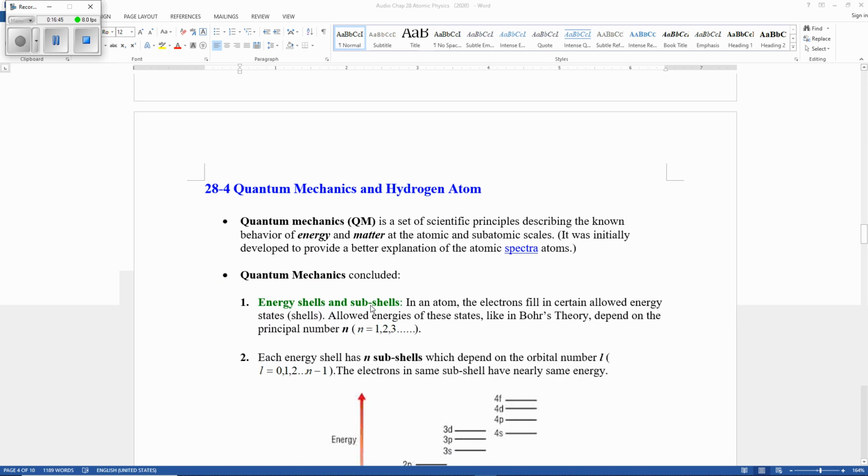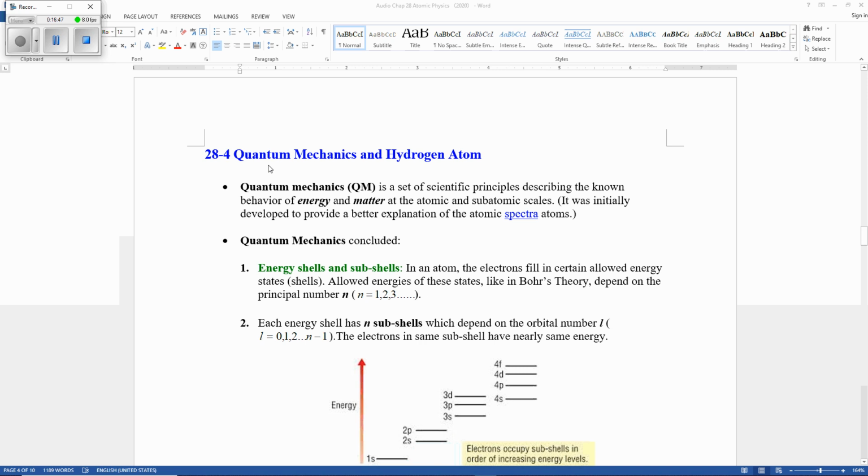So we need a new theory. The new theory we call quantum mechanics. We are not going to study this at the graduate school level for physics majors. Sometime, if you major in physics in your senior or maybe junior years, you're going to study quantum mechanics.